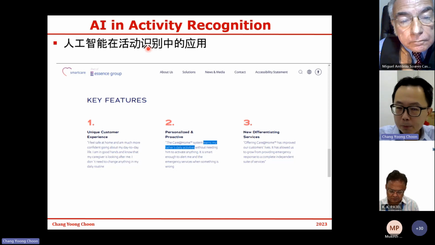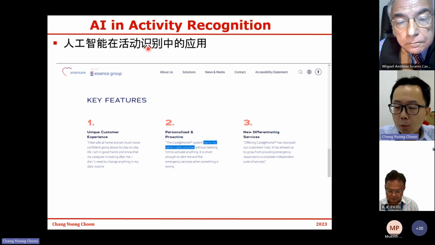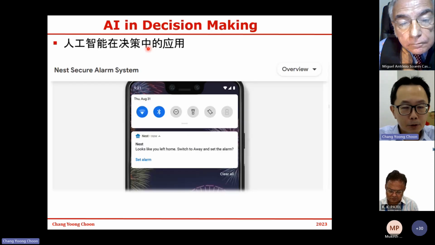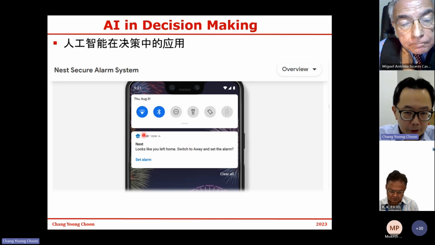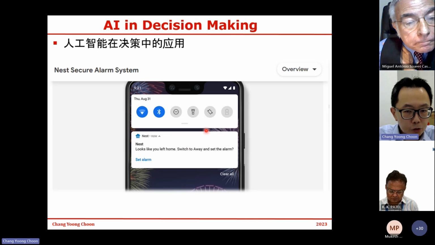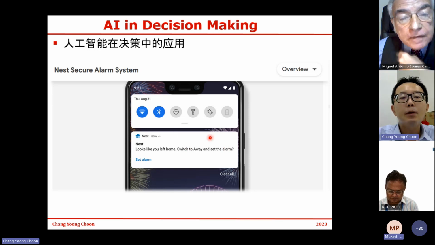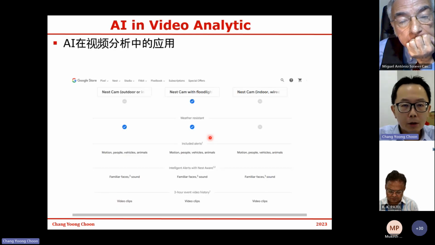In 10 to 20 years' time, the one who takes care of the elderly quite likely will be an AI machine. AI can be used in decision making. It will assist you. For example, it looks like you have left home, so switch to away. AI will assist in a lot of the decision making.